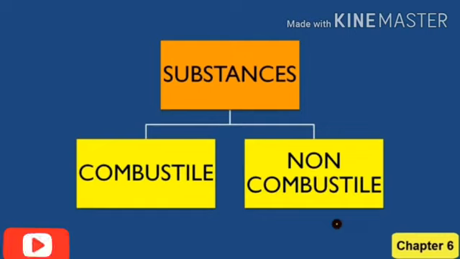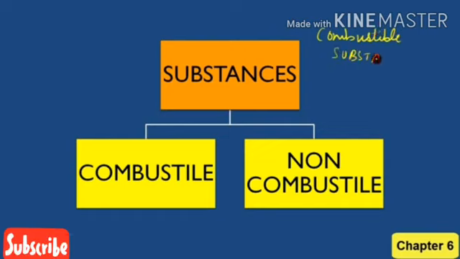On the basis of combustibility property of any substance, they are of two types: combustible substance and non-combustible substance. Combustible substances undergo the process of combustion easily, and non-combustible substances do not undergo the process of combustion at all.